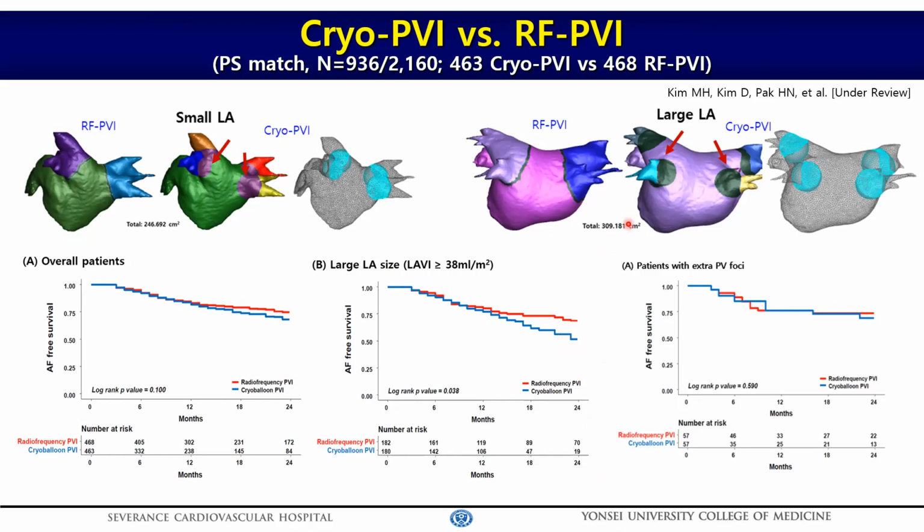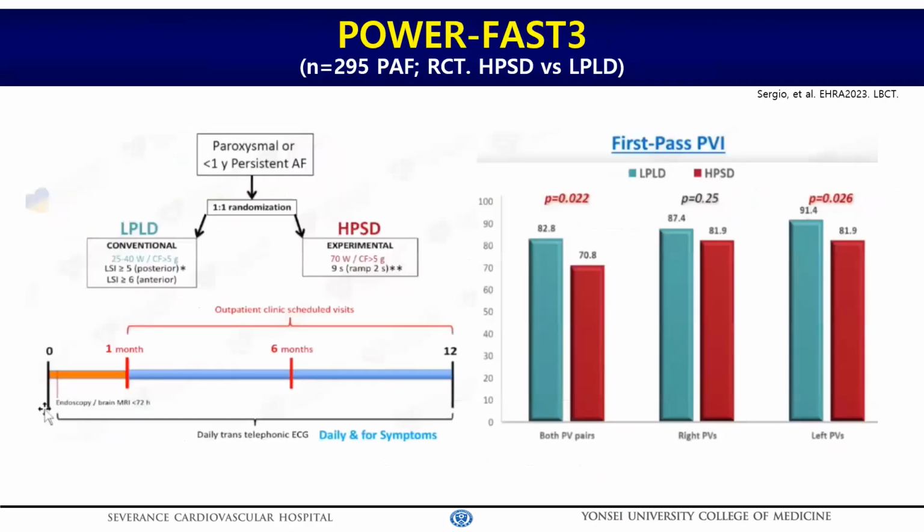It may be because the 28 mm fixed-size cryoballoon spares some area of the PV antrum in large LA patients in this computational modeling study.